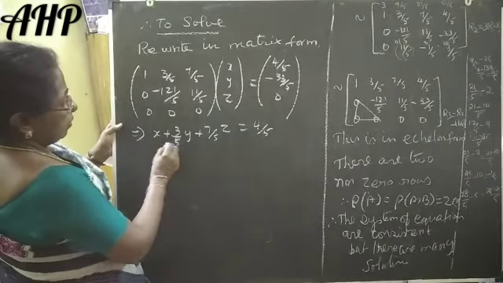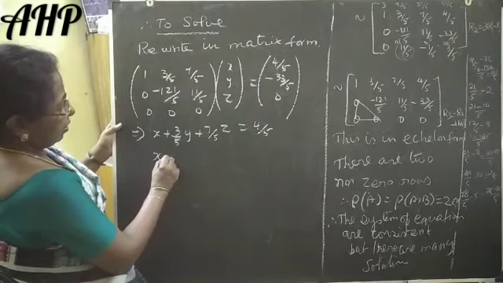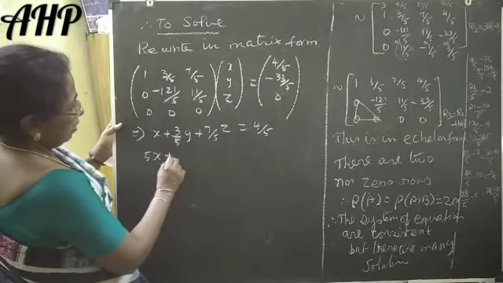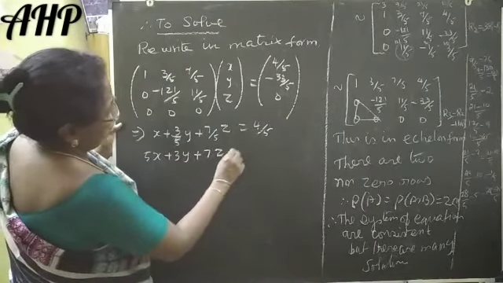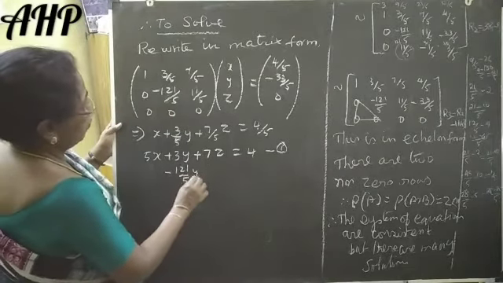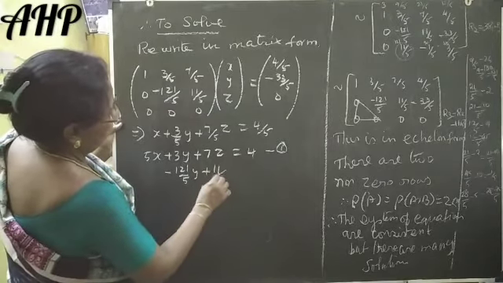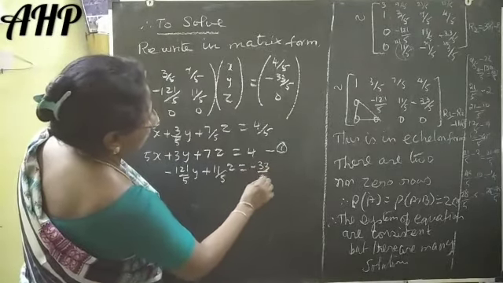So, rewriting, this can be taken LCM as 5. We can rewrite the equation as 5x plus 3y plus 7z is equal to 4. This is your first equation. Second equation, minus 121 by 5 y plus 11 by 5 z is equal to minus 33 by 5.